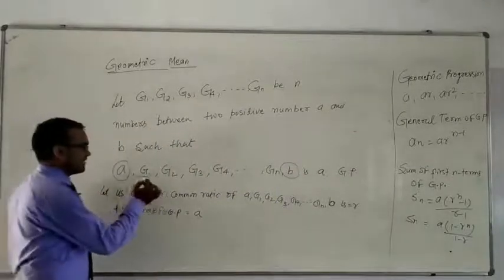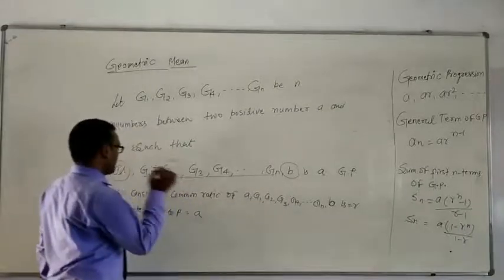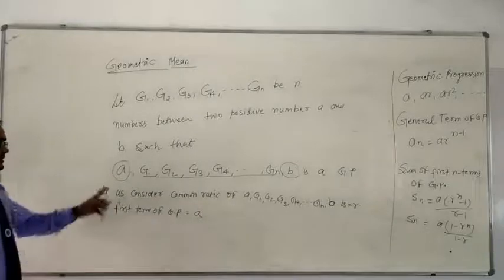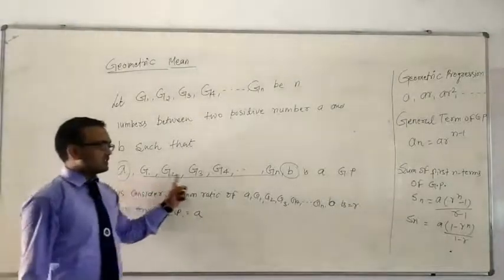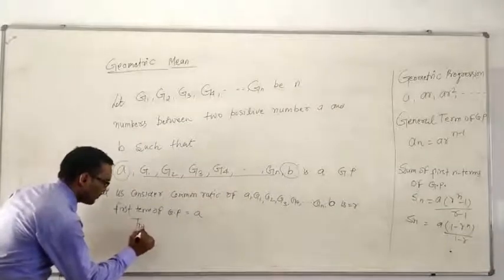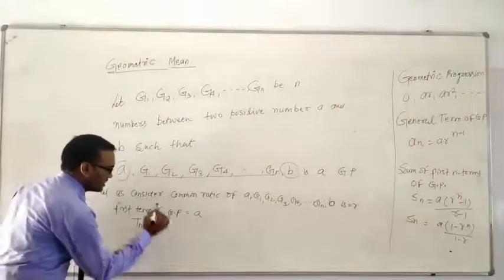This is n, and n plus 1, n plus 2. The total number of terms in this GP is n plus 2. Then T_(n+2) is equal to B.